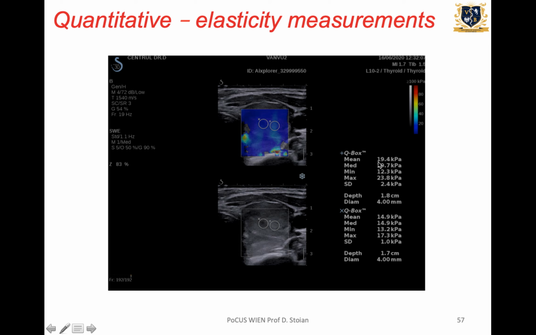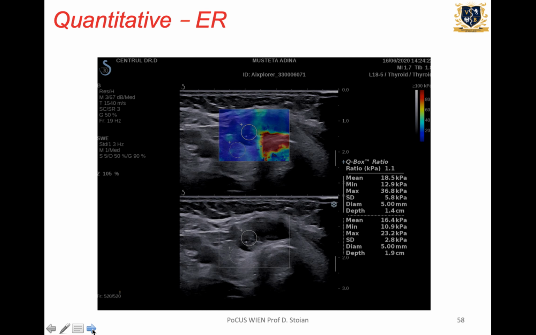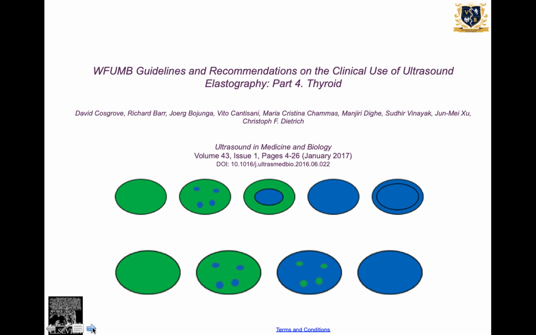elasticity measurements. We have the same minimum, medium, maximum, and also the ratio with the healthy surrounding tissue. So it's the same principle as in breast, but you're not comparing with muscles, we are comparing with healthy surrounding tissue. The problem always in shear wave is the tracheal cartilage, which is a stiff area and will alter the peritracheal part of the thyroid.